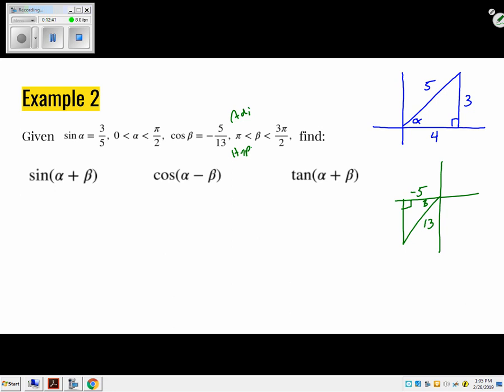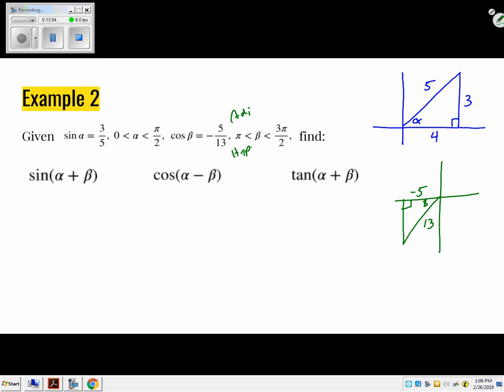Okay. So -5. Does anybody want to take a guess on what this other side is going to be? 12. Does anybody have the right answer? 12, right? 5, 12, 13. I disagree.